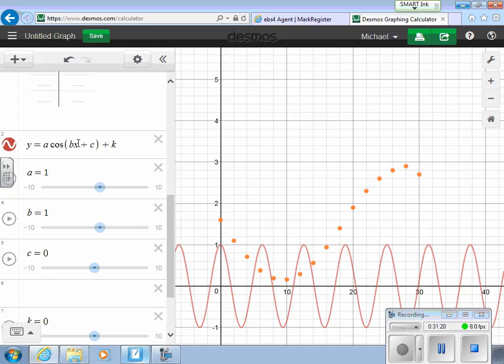Where would you say is half of that period? Somewhere around about here, or about 16, 18. It's only an estimate at this stage. You can always tweak it. Yeah, 18 seconds. So we got a period that is 36 seconds.